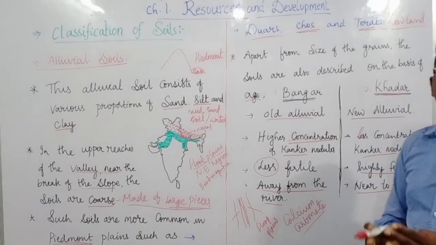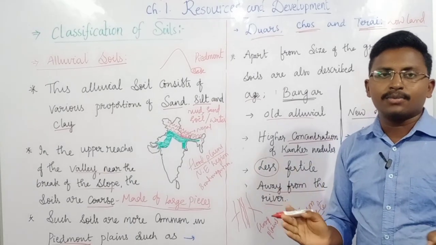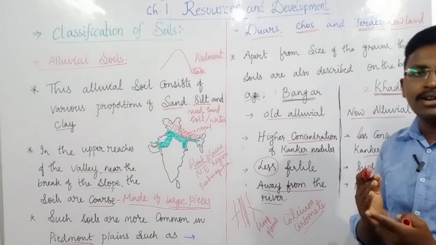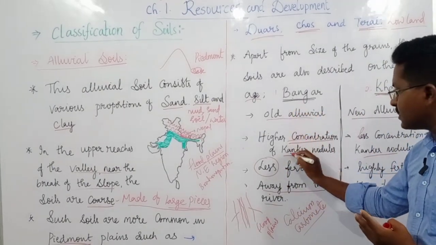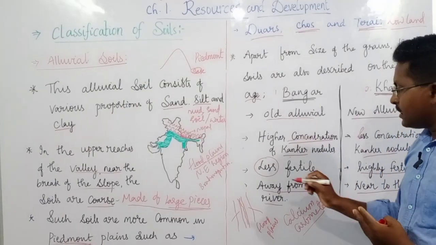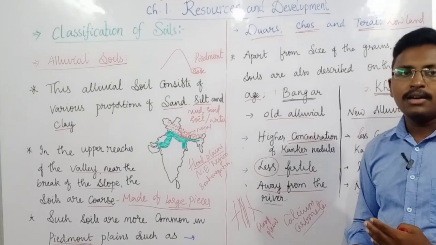So on the basis of age, the alluvial soils are classified into two different types. One is Bangar, the second is Khadar. Bangar means old alluvial soil having a higher concentration of calcium carbonates and somewhat less fertile, as it is far away from the river.